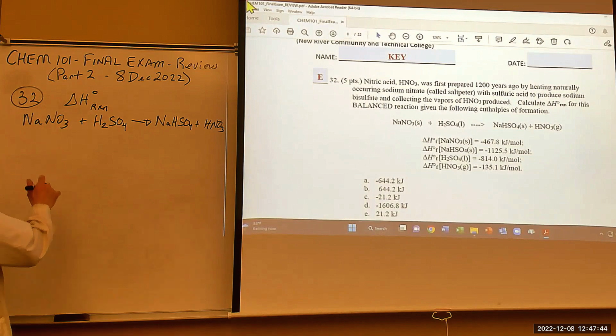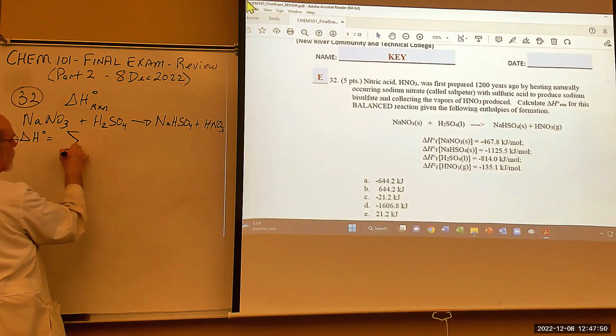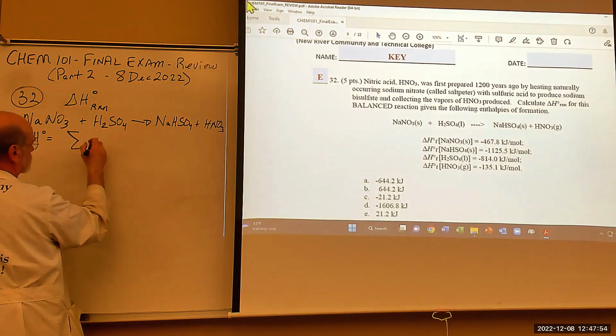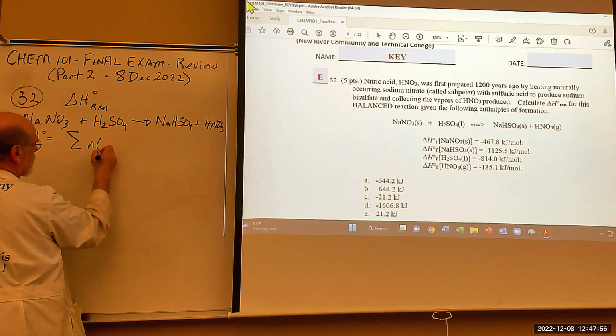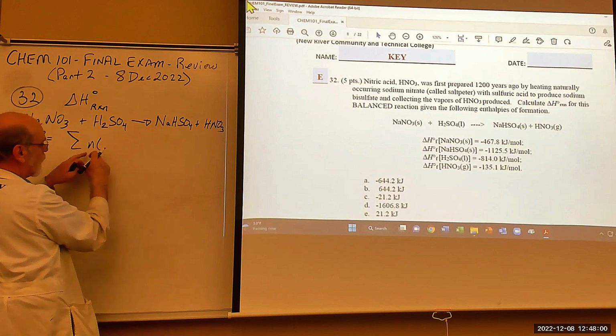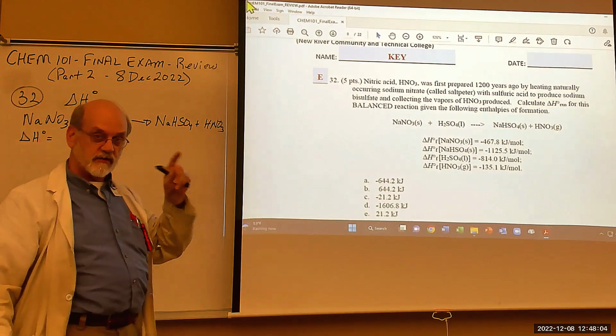So what's our formula for the standard enthalpy of an equation? Well, you sum up all of the products, and you have to have the coefficients involved in each one. Fortunately, the coefficient is 1 for each one.